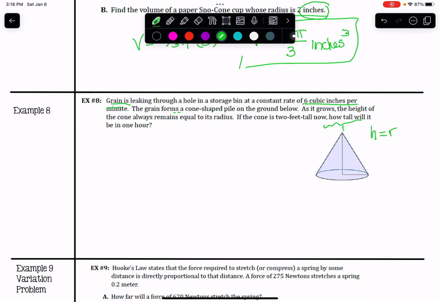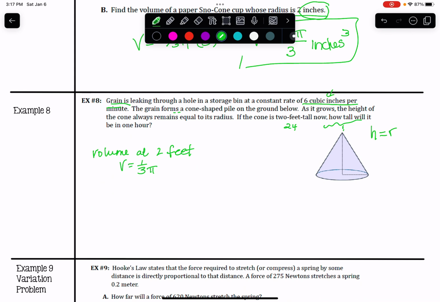So we're going to put volume at 2 feet, and that's going to be V equals 1/3 pi, and then it's 2 feet tall, so 2 feet is 24 inches, so we got to watch out because this was in cubic inches. The rate was given in cubic inches. So 1/3 pi r squared h.